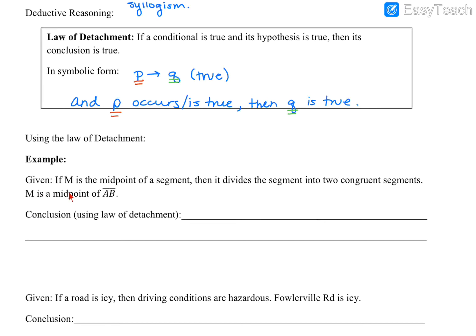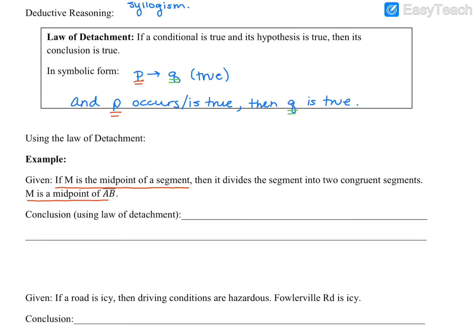So if they give us the hypothesis that matches our hypothesis here, then that means we can draw the conclusion. So let's see if it matches the hypothesis. M is the midpoint of a segment, and I'm given M is the midpoint of the segment AB. See how that matches the hypothesis? That means we're going to conclude the conclusion.